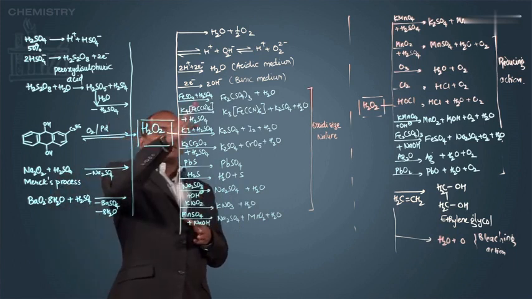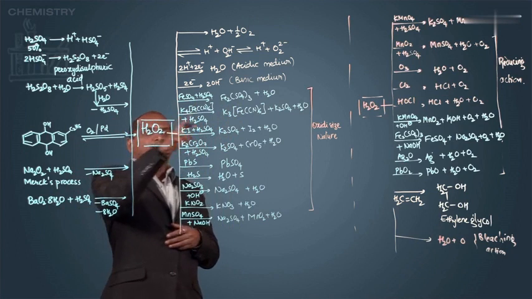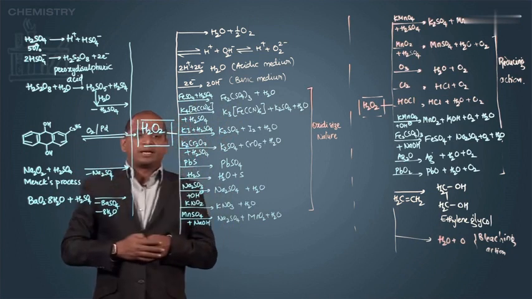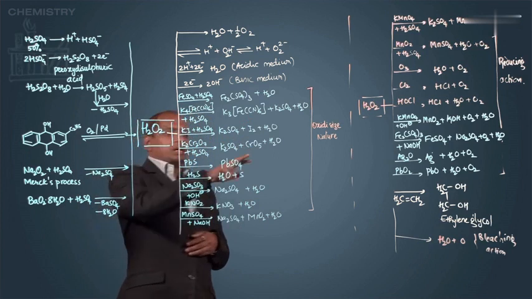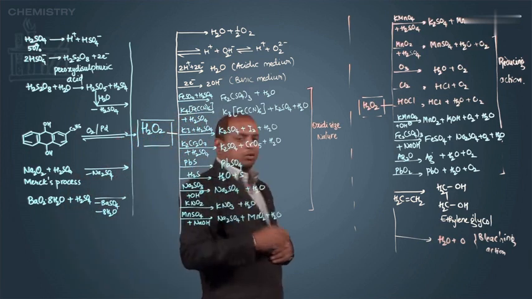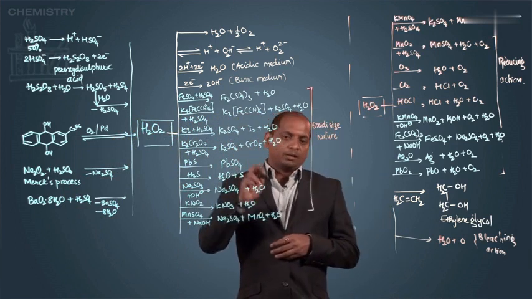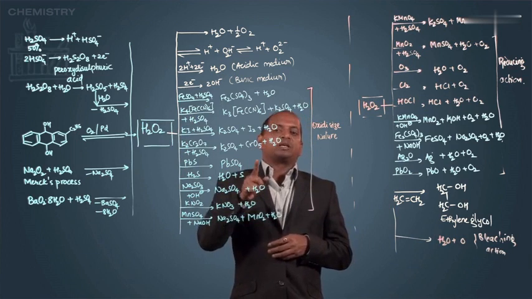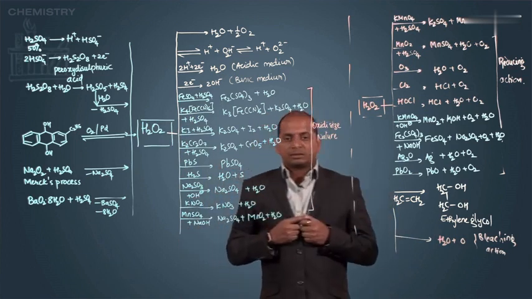Acidified ferrous sulfate gives you ferric sulfate, potassium ferrocyanide gives you potassium ferricyanide, potassium iodide liberates iodine, potassium dichromate gives you CrO5. Here in CrO5, the oxidation state of chromium is +6 only. It has a butterfly structure where there are 2 peroxide linkages.